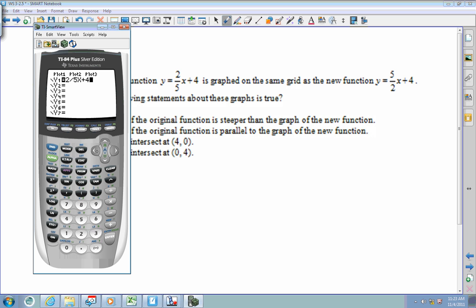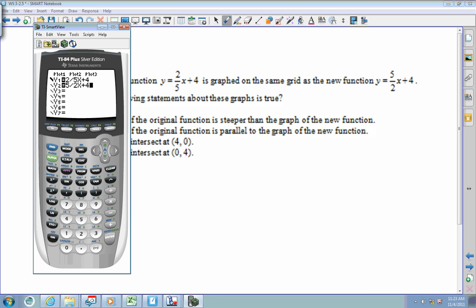Now, what I would do, because there's 2 of them, I'd go all the way over here to the end and press enter. And then go down. That's only going to make my line graph a little bit darker. Okay, so I've got 5 divide 2 x plus 4.